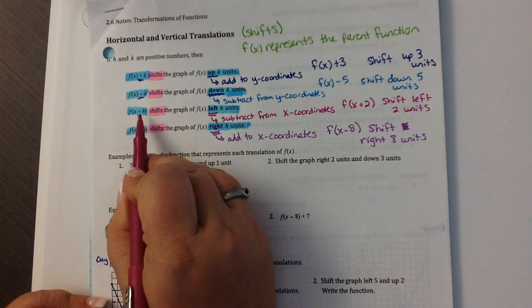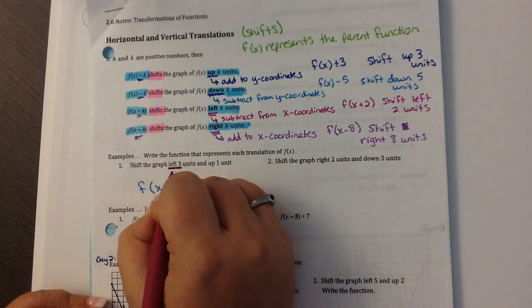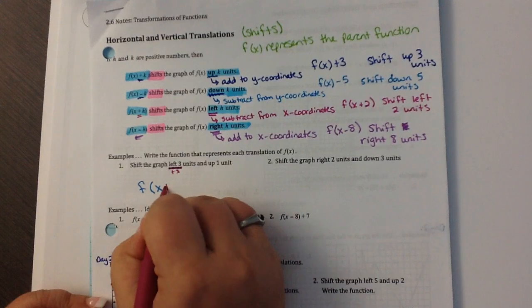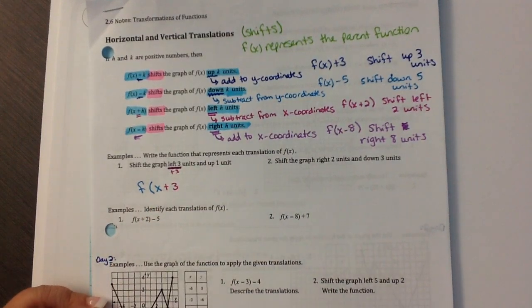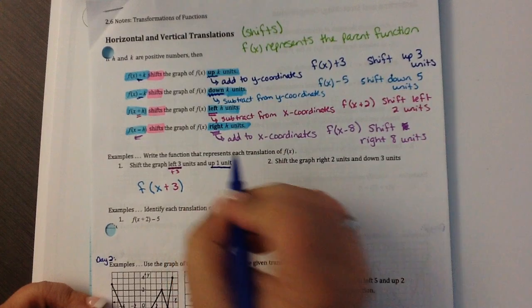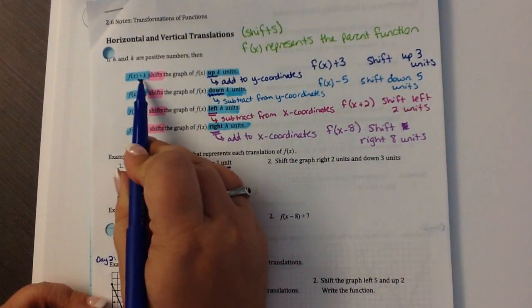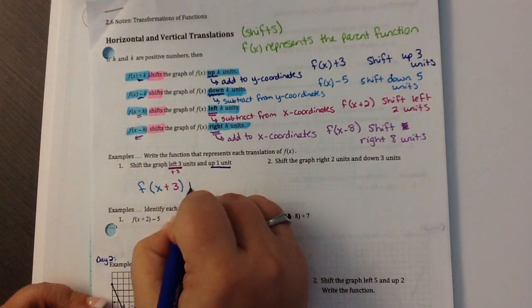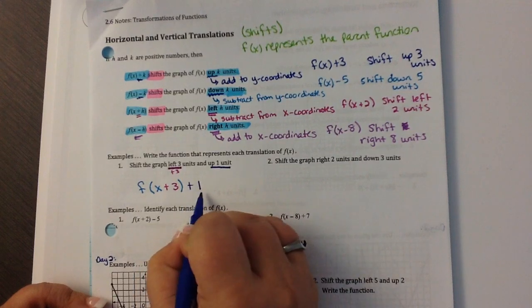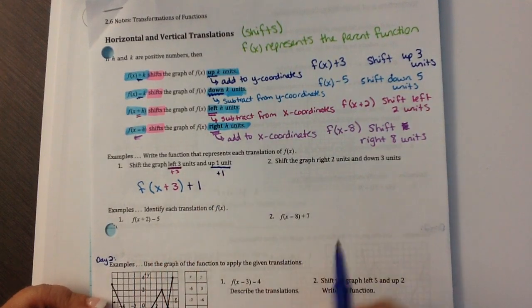That goes inside with the x, and it's plus 3. Okay, so inside with the x will go to plus 3. And then it says up 1. If I want to go up 1, that would be a y. It's outside the parentheses. And outside the parentheses does what you would expect. So up is going to be plus.